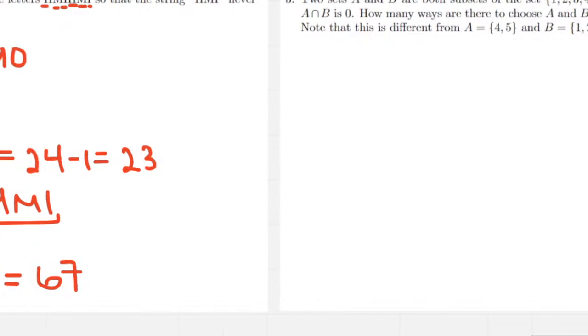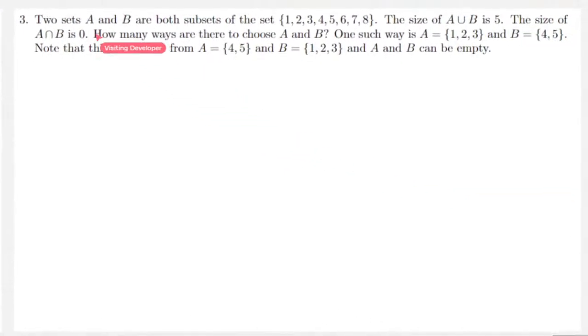Now moving on to problem 3 of the bonus. So we have two sets A and B that are both subsets of the set that contains the integers 1, 2, 3, 4, 5, 6, 7, and 8. And so we're given that the size of the union of the two sets is 5 and the size of the intersection of the two sets is 0.